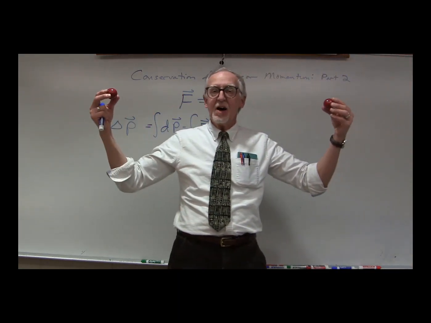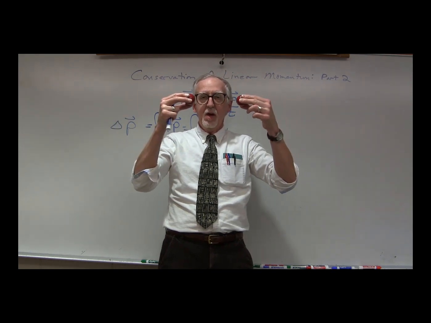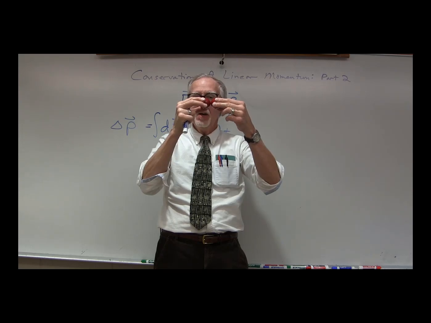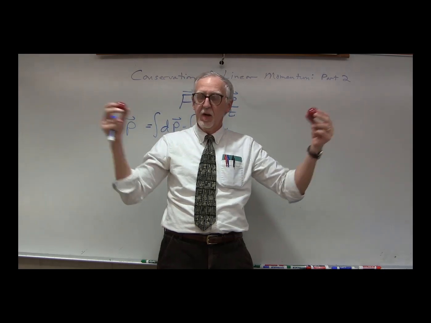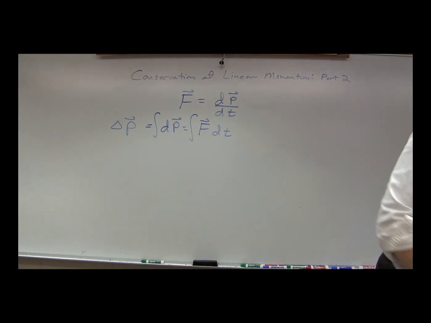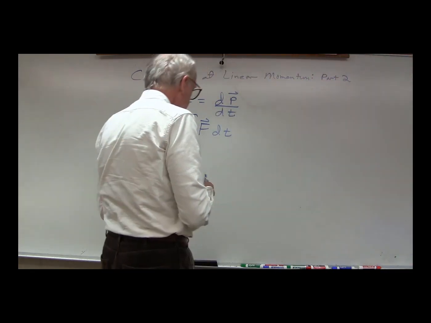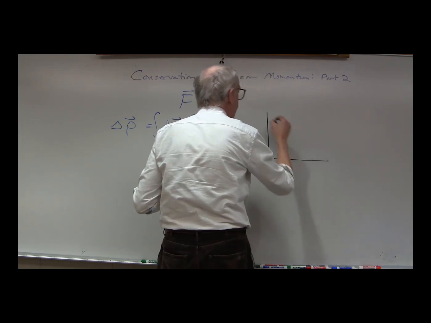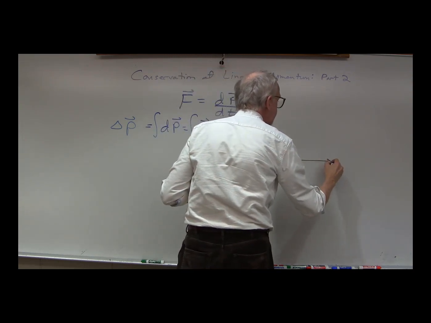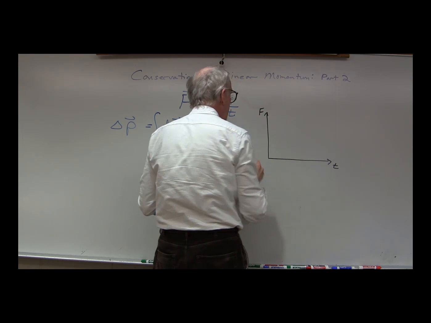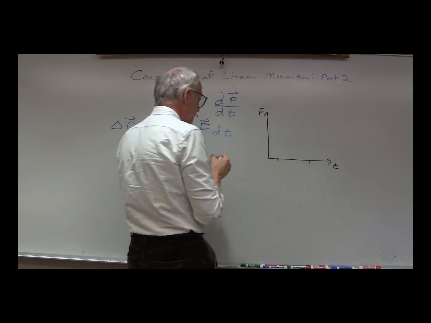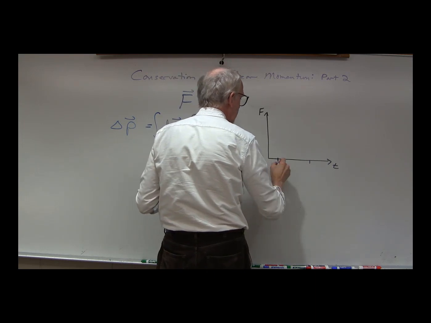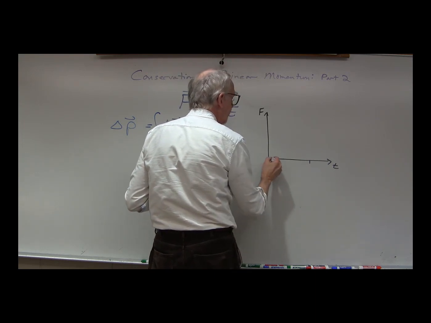typically we'll have a time when there is no force, and then there is a force, but then no force, no force, no force. So the force as a function of time, in general, will look something like this. If we graph the force as a function of time, there are going to be some limits: before some initial time, we'll call this t1, we have zero force.